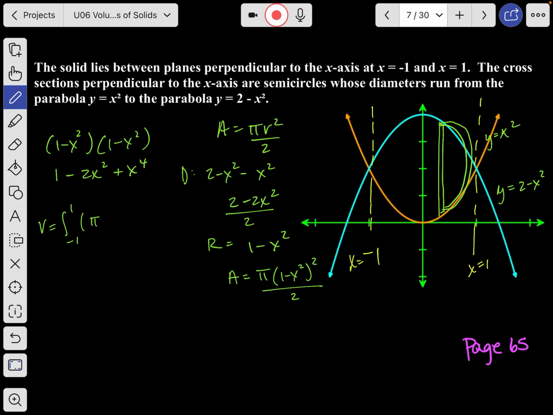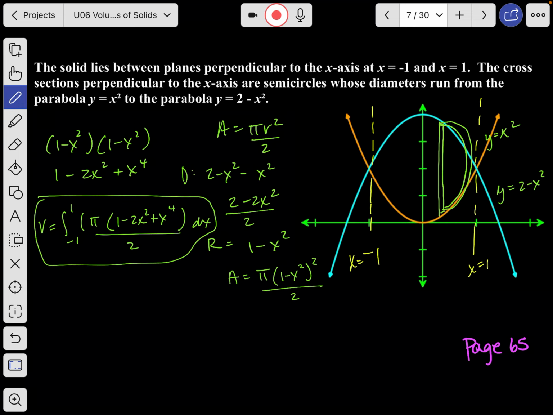And so my integral, my volume, is going to be from -1 to 1 of pi times the radius squared divided by 2 dx. Okay, so here is my integral equation. Let's bring out that pi over 2 in the front.